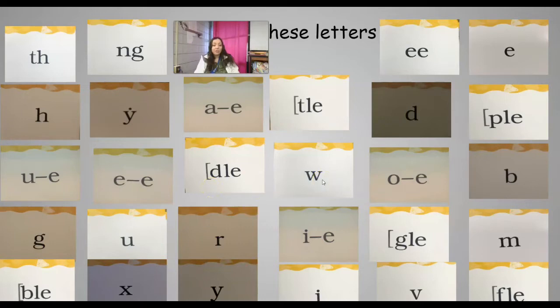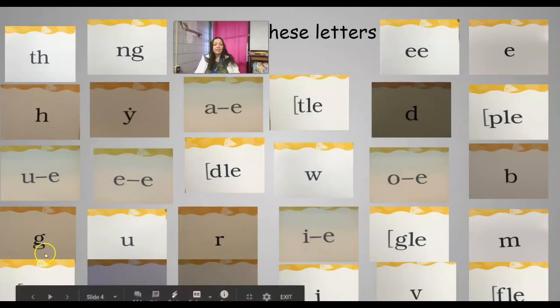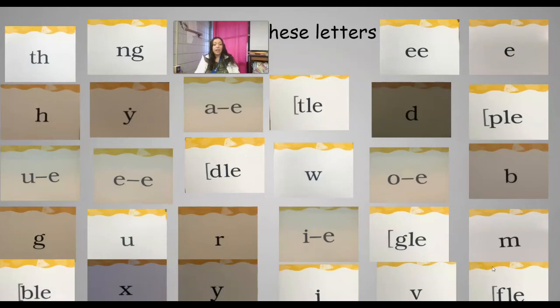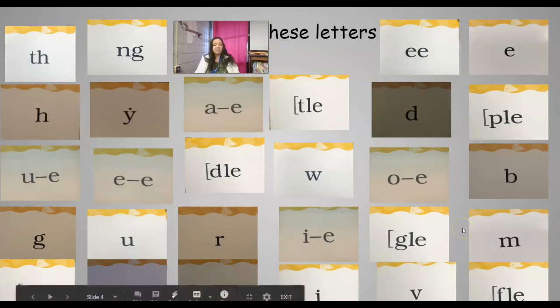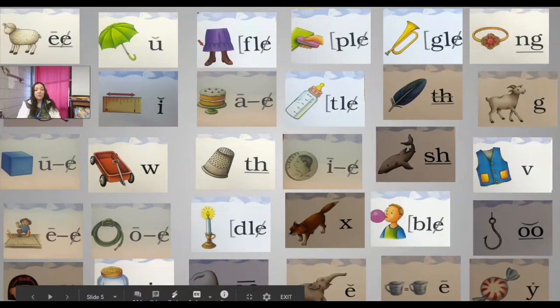We have W, O consonant E, B, G, U, R, I consonant E, final syllable GLE, M, final syllable BLE, X, Y, J, V, and then final syllable FLE. Very good.